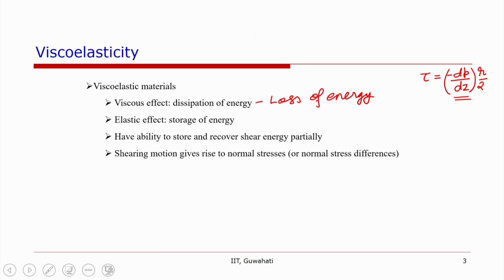These normal stress differences matter because if the normal stresses are isotropic, that means they are the same in all directions, then there will be no deformation of the material. So, for deformation of the material to happen, it is important to have a difference between the normal stresses.